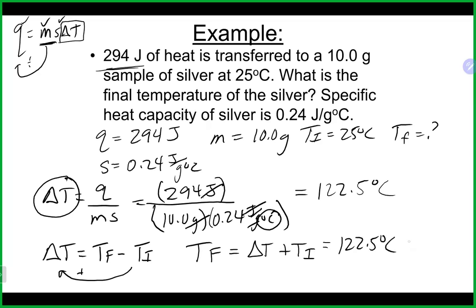Again, I'm not going to round at this point, plus my 25. So again, you want to make sure that you do final minus initial, so you're adding when you should and subtracting when you should, and you don't do the wrong math. If you do that, that's going to get you 147.5 degrees Celsius.